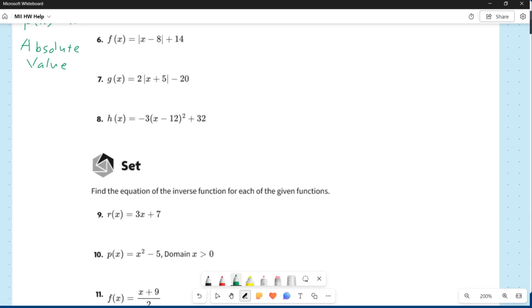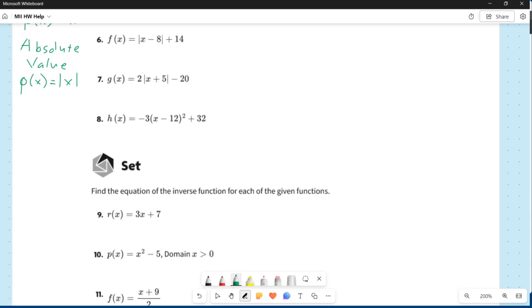And for our purposes, the parent function here, again, we'll just say p of x, is simply the absolute value of x. You could think of that as sort of our starting spot. And then the question becomes, what were the modifications, what were the translations, or whatever it was that we did to the parent function that has resulted in f of x equals absolute value of x minus 8 plus 14.